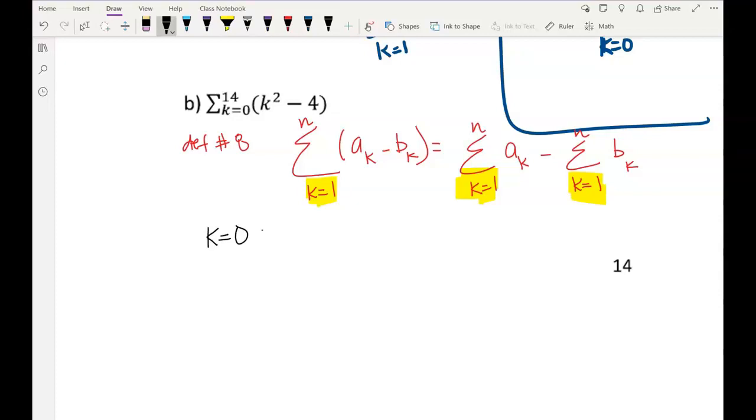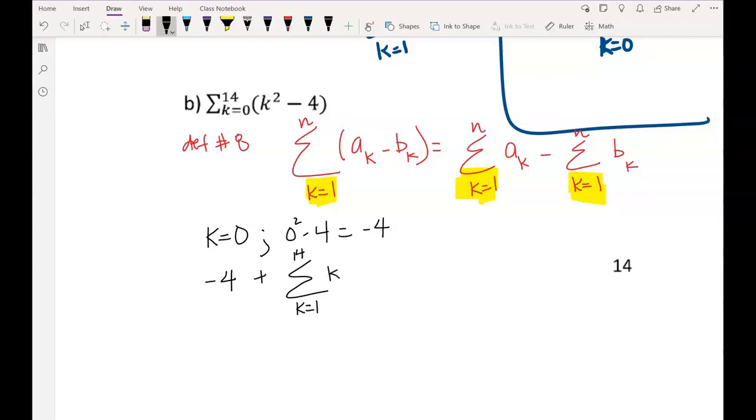Okay, when k is 0, I'm going to plug it in. Ready? 0 squared minus 4, which equals a negative 4. So now I'm going to rewrite this, students. I'm going to have, okay, negative 4 is when k equals 0. Then I'm just going to do the summation for the rest. I haven't done k equals 1 or k equals 2, k equals 3. I'm going to use the summation from k equals 1 all the way to 14. Okay, all the way to 14.